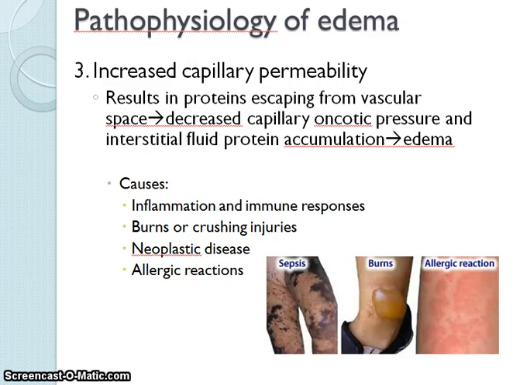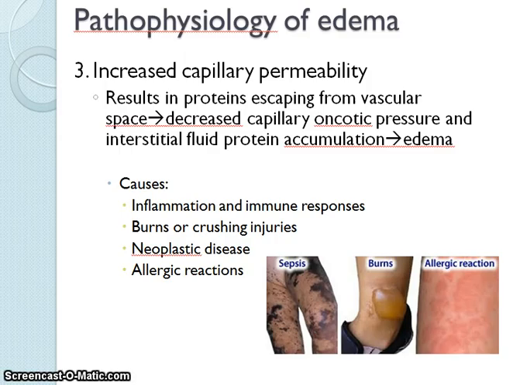The third problem that can cause edema would be an increased capillary permeability. So permeability, we said before, is related to how easily things move in and out of a membrane. Alright, so we're saying it's increased in our capillaries, which means it's more permeable, it's easier for fluids to leak out. What happens then is that proteins escape from the blood vessels and get into the interstitial tissues.